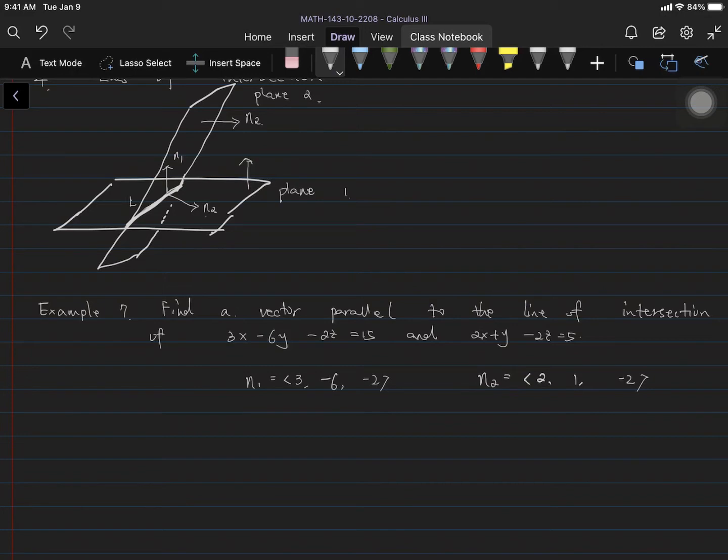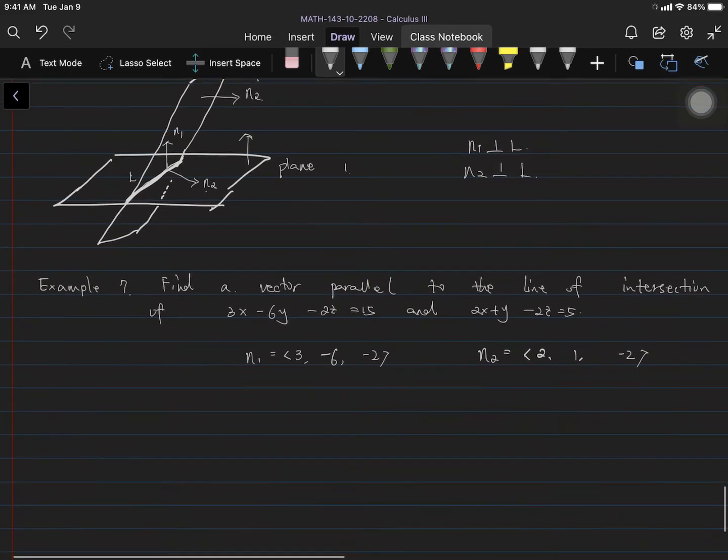That means N2 is also perpendicular to L. So N1 and N2 are both perpendicular to the line L. Or rather, the direction of L, which should be the vector V. Perpendicular just means normal to that vector.